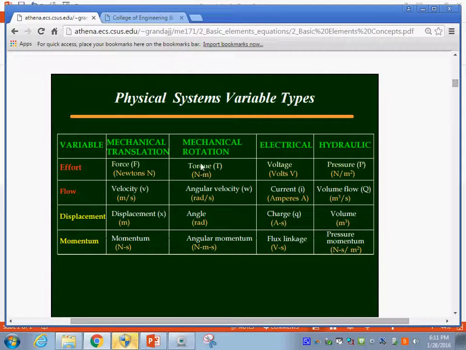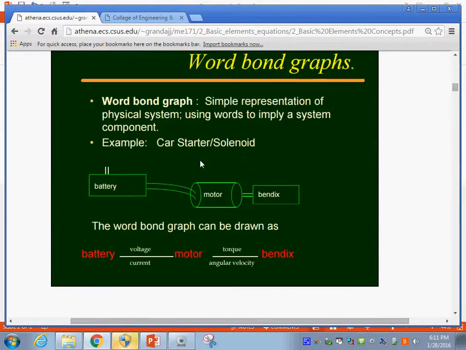Okay, if that's the case, why don't we look at a simple model where we can actually look at a particular system. This is a system that you used when you started your car this morning.